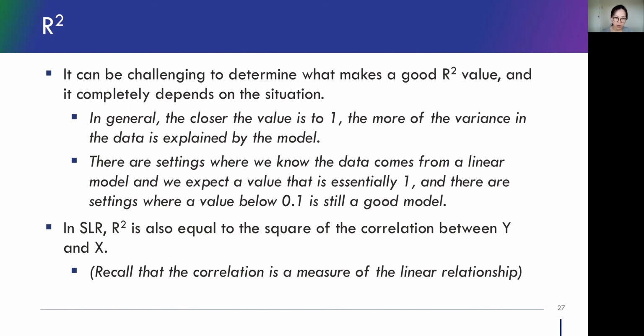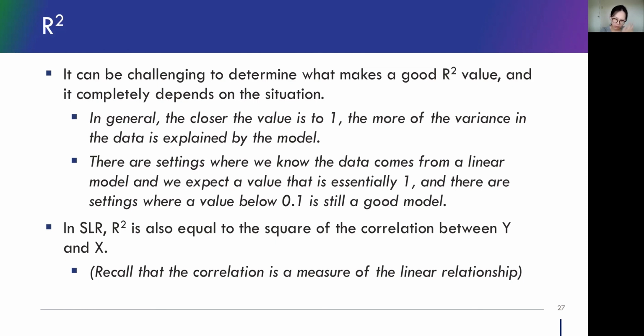There are settings where we know the data comes from a linear model and we expect a value that's essentially 1, and there are settings where a value below 0.1 is still a good model. So it depends on the data and on how easy or hard it is to get a model that fits the data well.